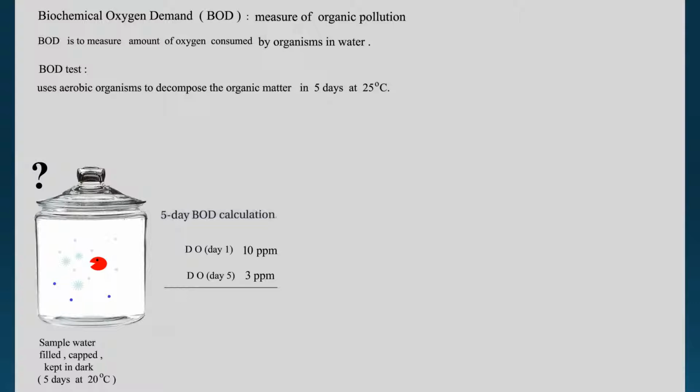Come to day 5, I only have 3 ppm oxygen left. The difference is 7 ppm, a very high value, meaning high bacteria.